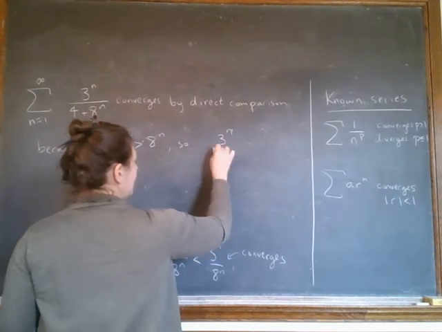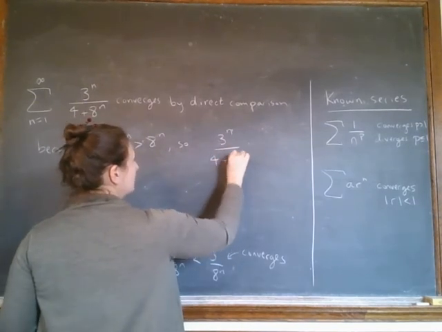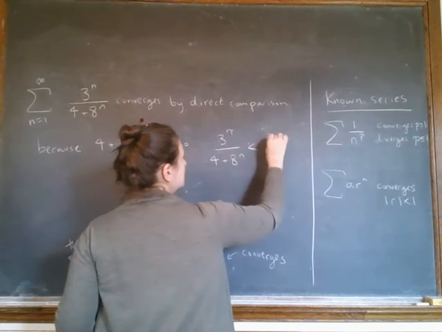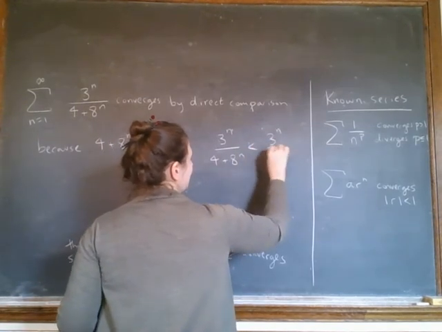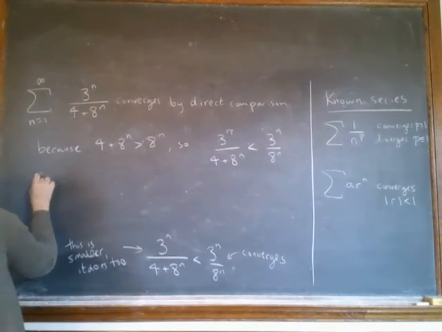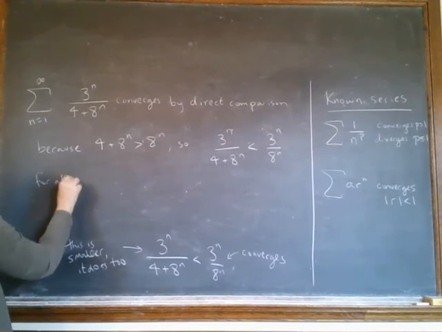So 3 to the n over 4 plus 8 to the n is strictly less than 3 to the n over 8 to the n for all n.